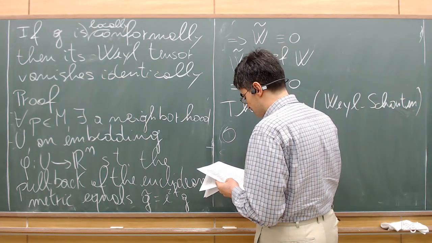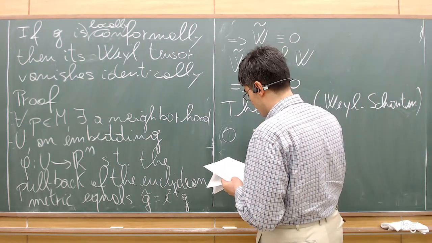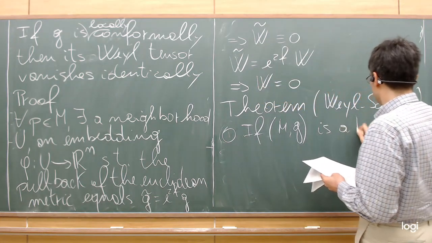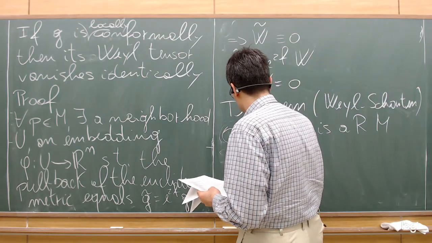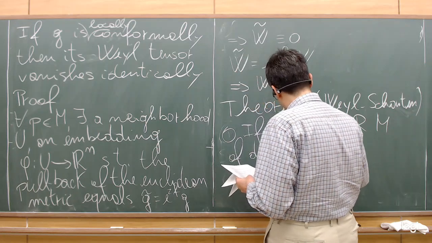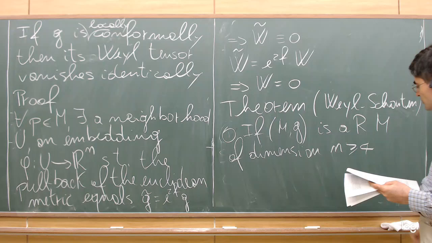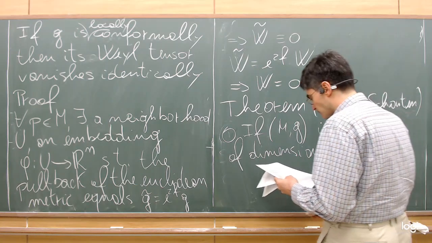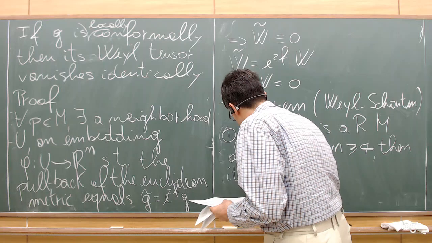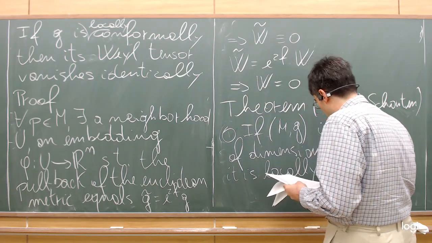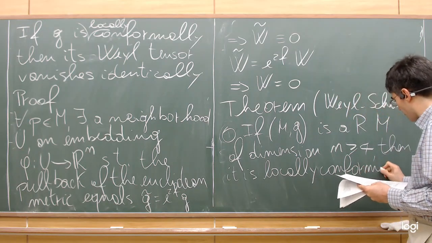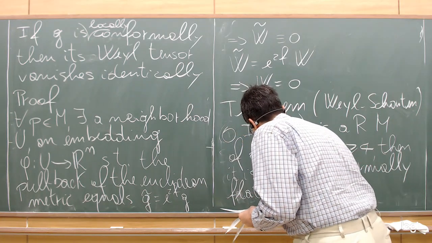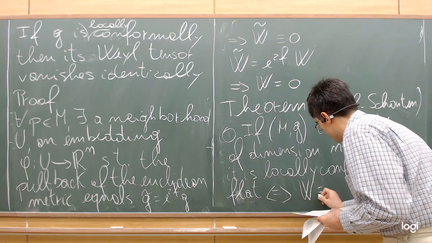The first one is about the Weil tensor, and it says that if (M, G) is a Riemannian manifold of dimension n greater or equal to 4, then it is locally conformally flat if and only if W is identically 0.